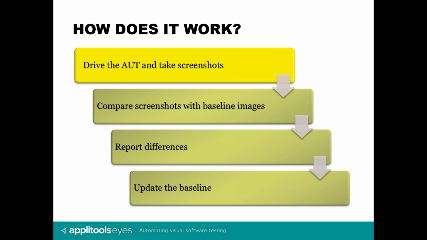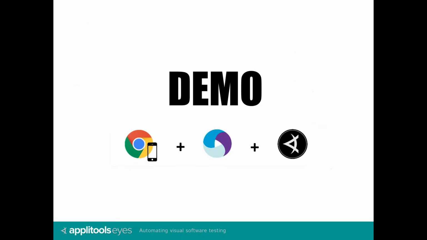We provide almost 30 different SDKs that allow you to plug in visual validation to just about any test automation framework that is out there, both for mobile and for web. We support, of course, all the different language bindings for Selenium and Appium. We support coded UI and UFT and LeanFT, as well as Espresso and XCUI and others.